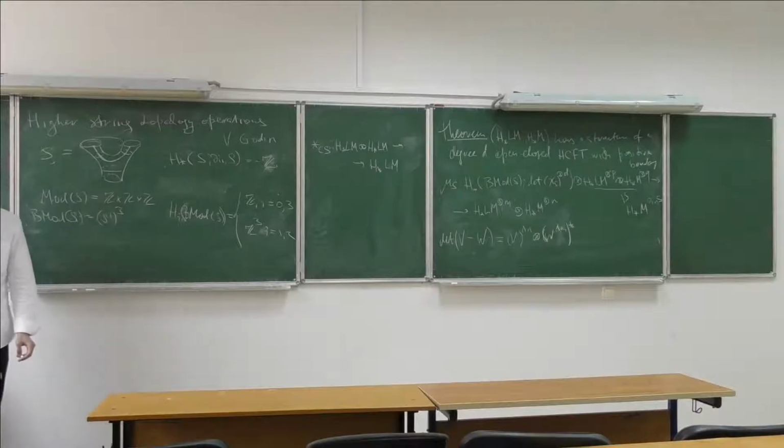Let's see here how it works. The only way that D participates in this formula is the tensor power of the twisting.